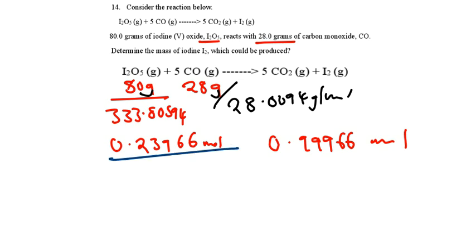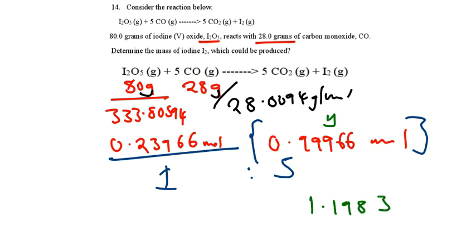The mole ratios are in the ratio of 1 to 5. I'll assume I don't know that value so that I can compare. If I cross multiply with a y there, we end up with 5 multiplied by 0.23966, something like 1.1983, which is definitely higher than what was available.